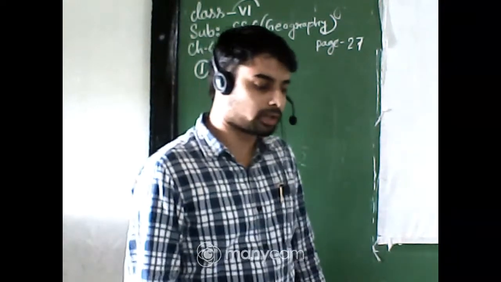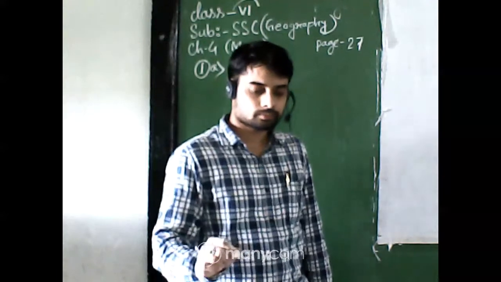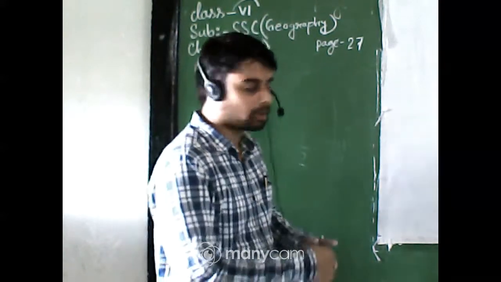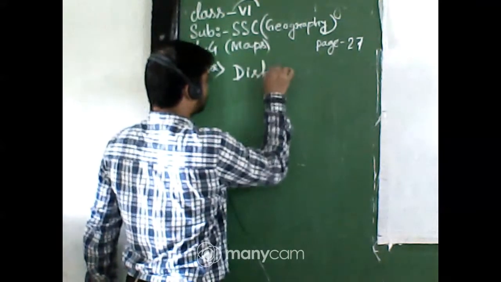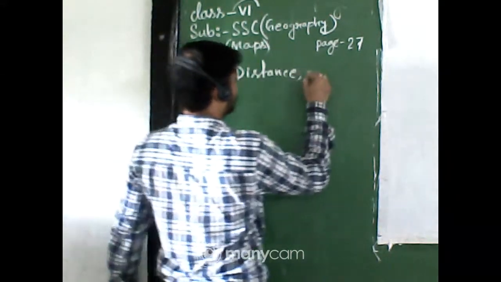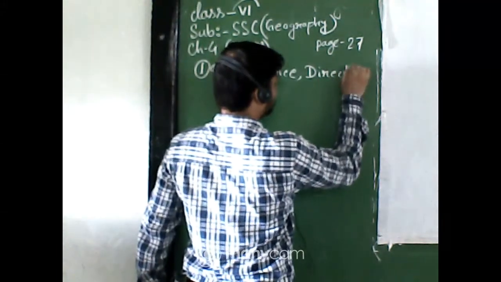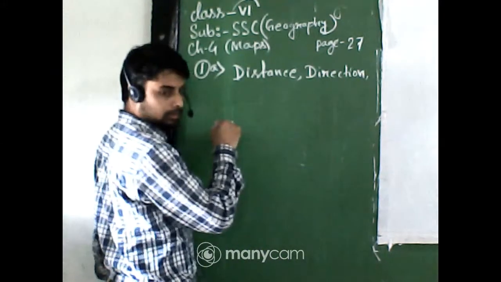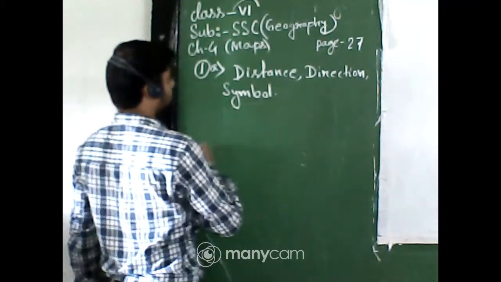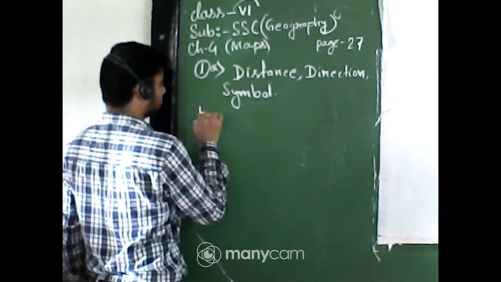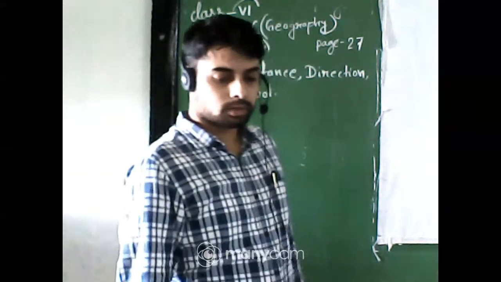It is written already in the question that the 3 components of a map are, number 1, distance, number 2, direction, and number 3, symbol. Okay, so these are the 3 components of a map.